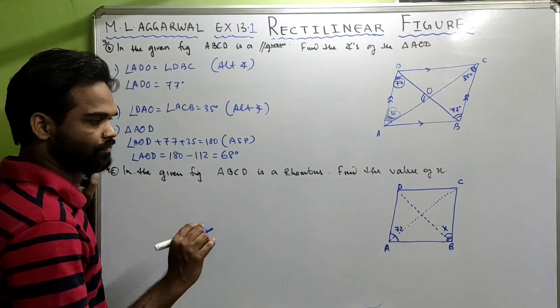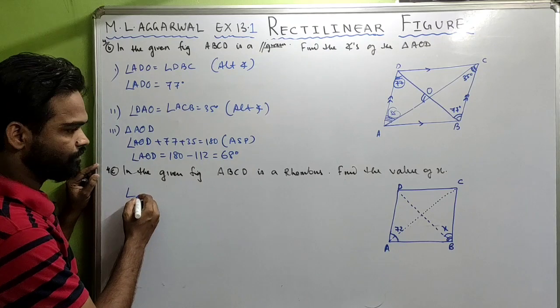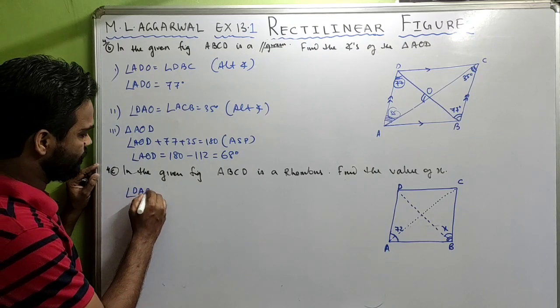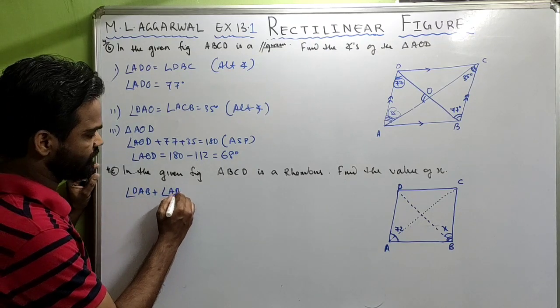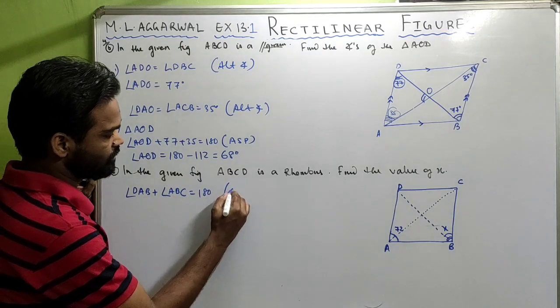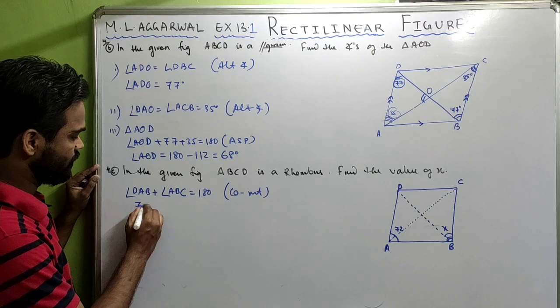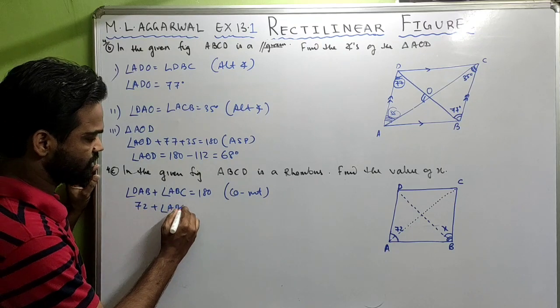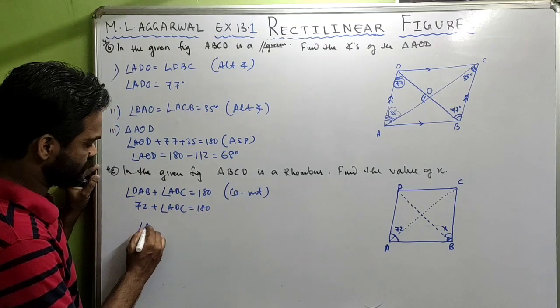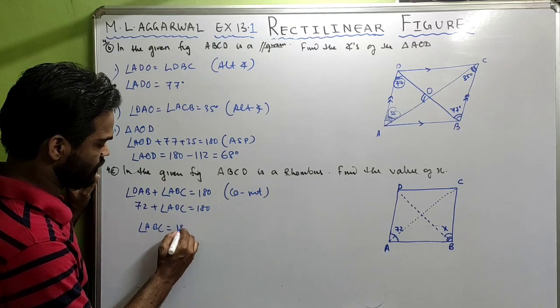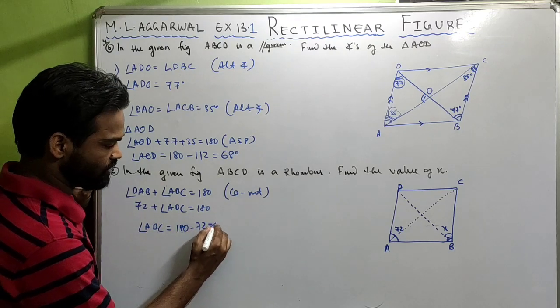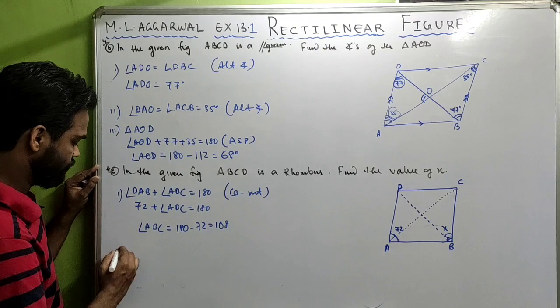They are co-interior. Angle DAB plus angle ABC is equal to 180. They are co-interior, which means angle DAB is 72 plus angle ABC is 180, which means angle ABC is 180 minus 72, that's 108. Done.